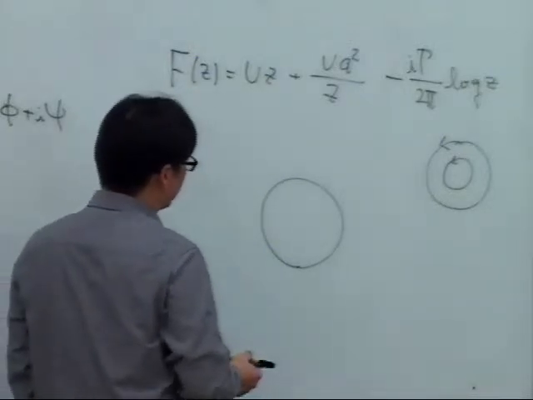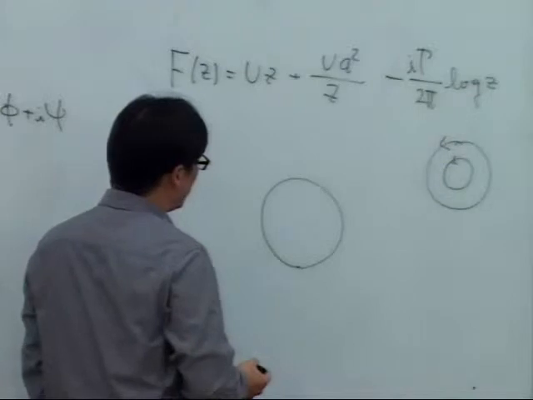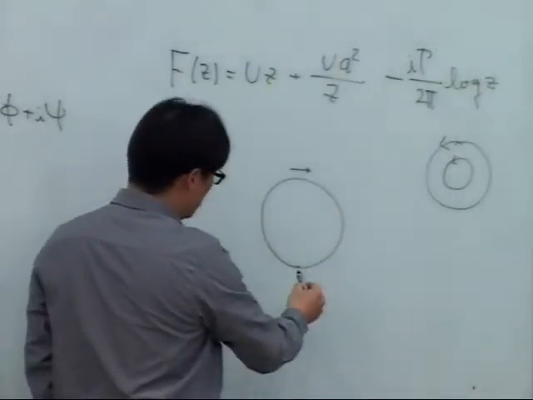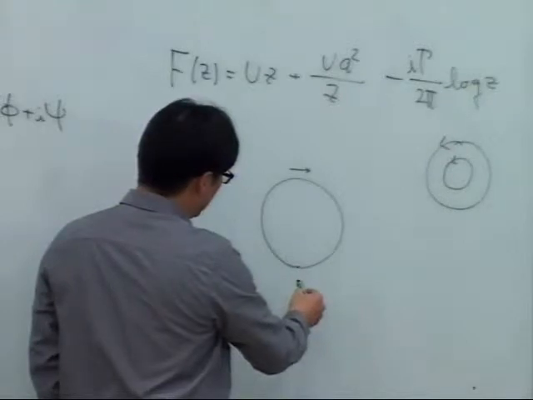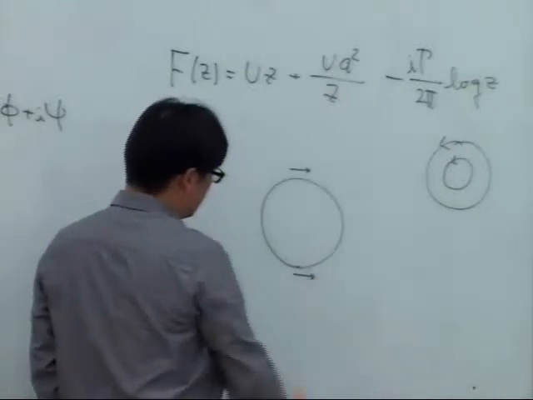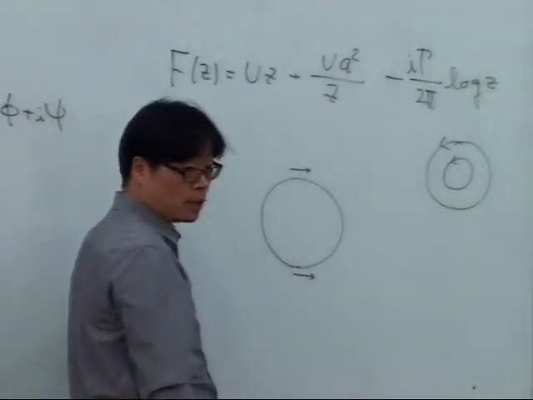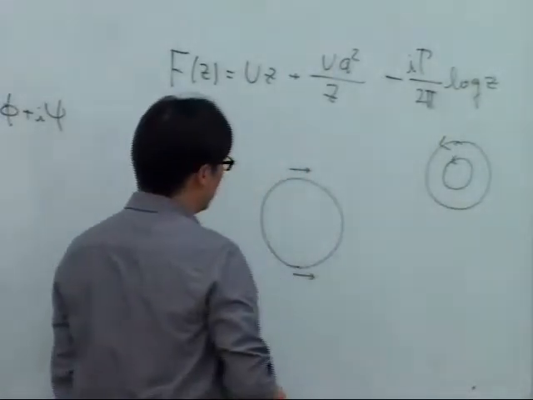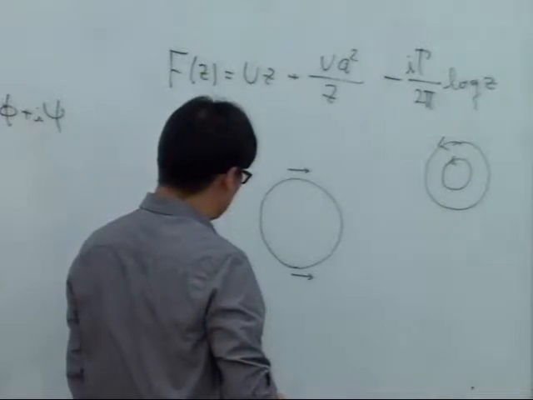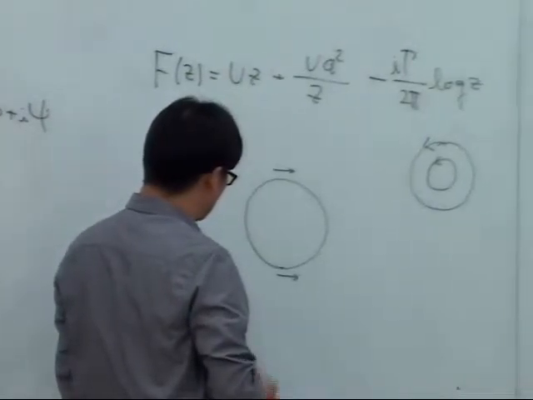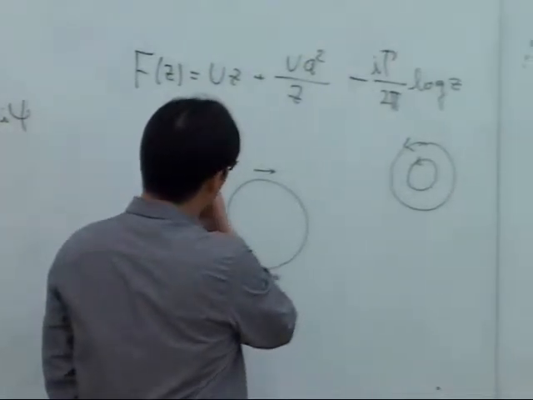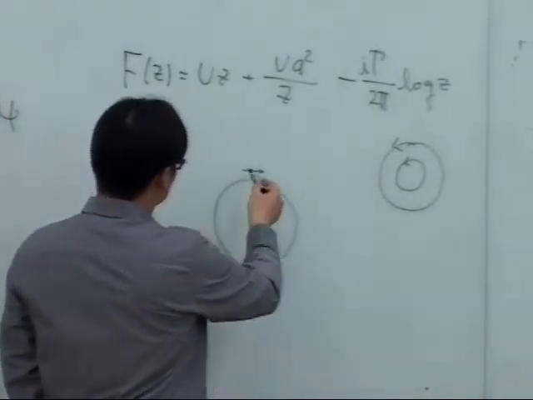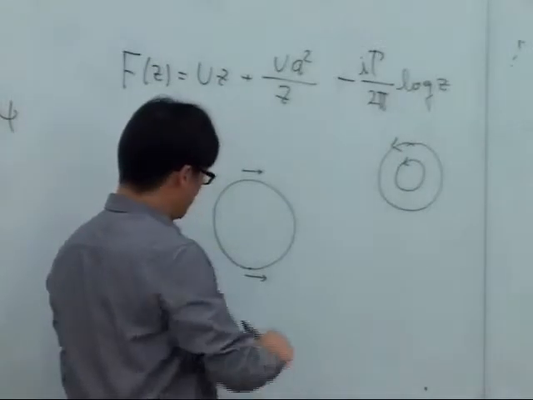Originally I have flow like this, here and here, without the vortex. Now I add flow like this, and then what happens? Hold on.